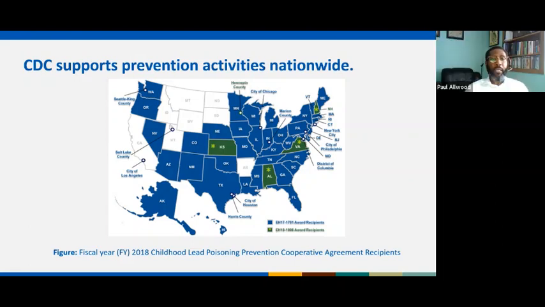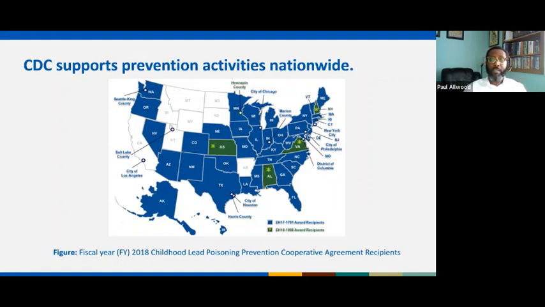Yes, I would like to say that we are very pleased to have so many partners at the state and local levels working to prevent childhood lead poisoning, and we thank them for decades of great partnerships. We are currently finalizing cooperative agreements with a total of 62 state and local health departments, including Puerto Rico.